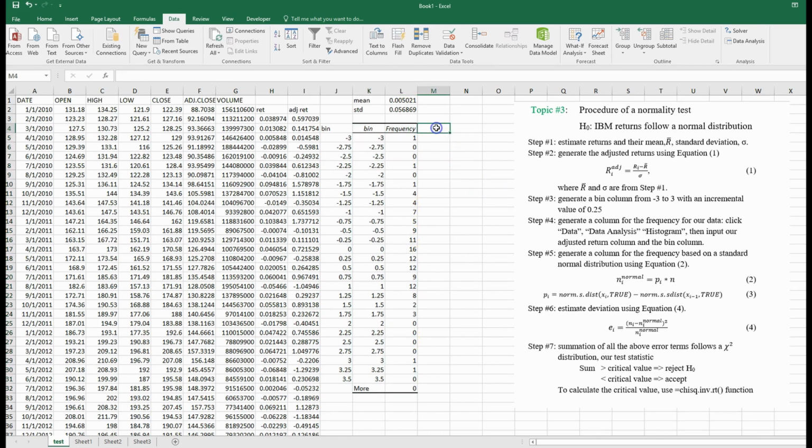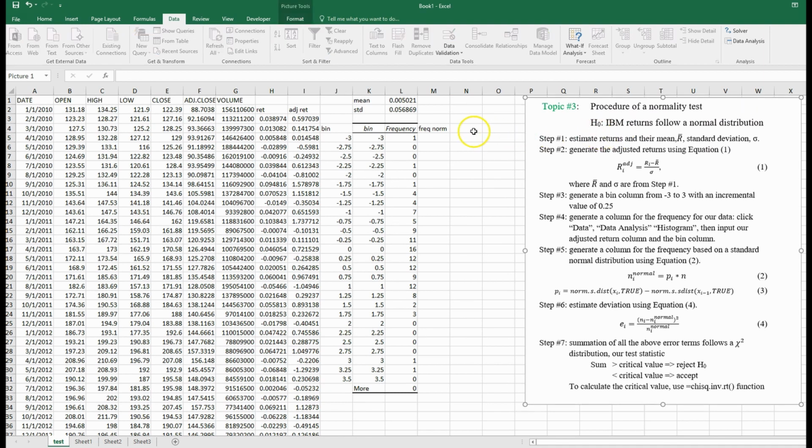Next, I'm going to generate a frequency for the standard normal. Generally for frequency, this is probability times n, where n is the total observations.